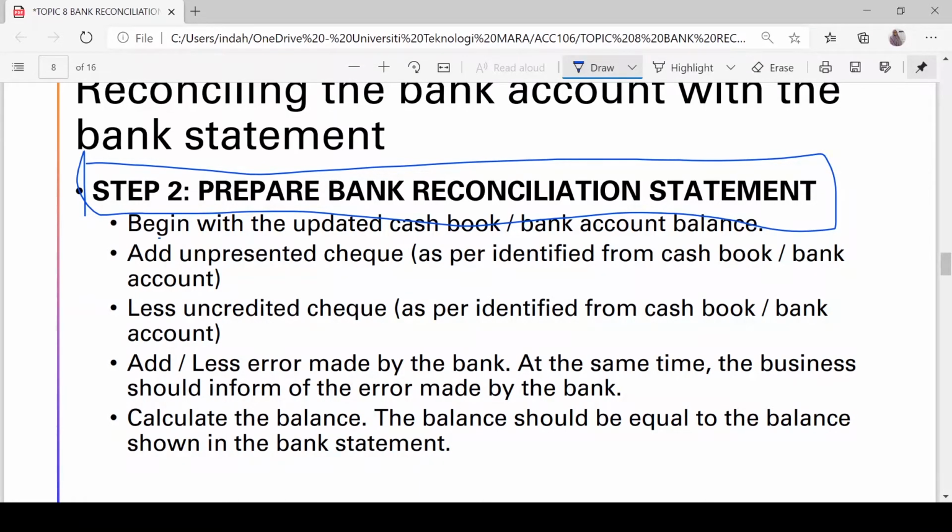Similarly, for uncredited checks, we are going to less uncredited checks. An uncredited check is a check that you receive from your customer. You record that transaction in your cash book or bank account.